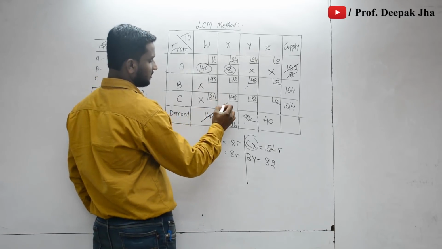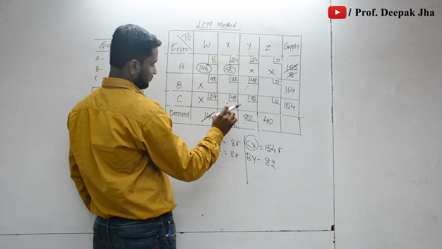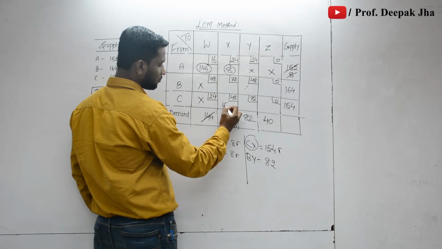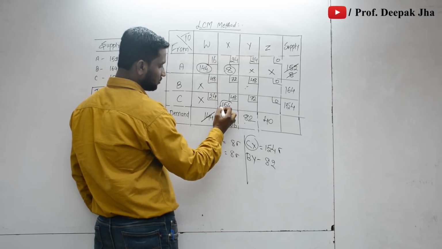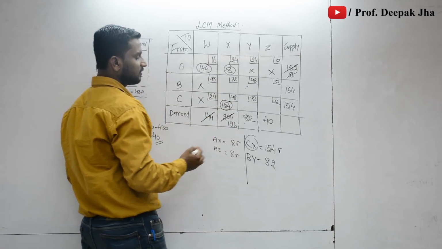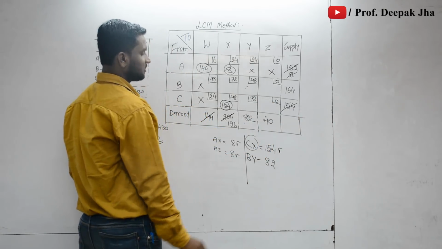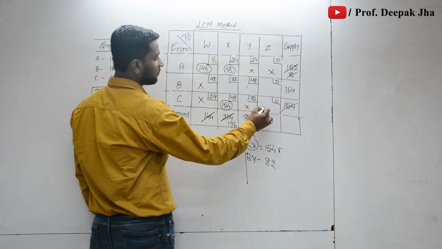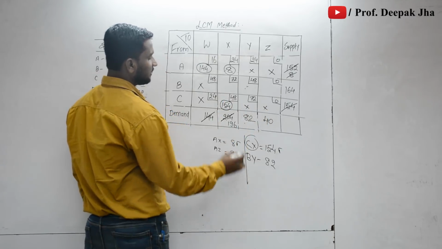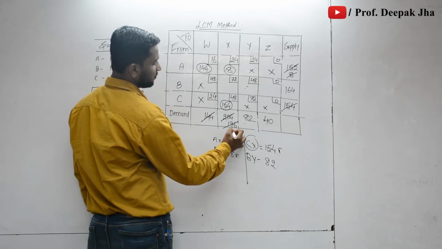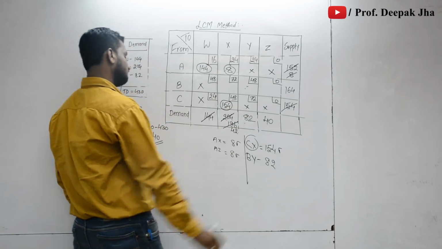The demand is 196, supply is 154, the lower of these two is 154 units I'll allocate here, and after this entire supply is exhausted, so no further allocation in this row, and this 196 is now reduced to 42.